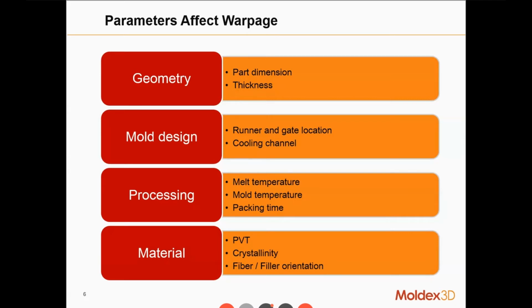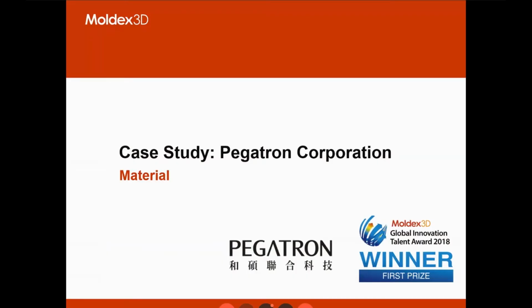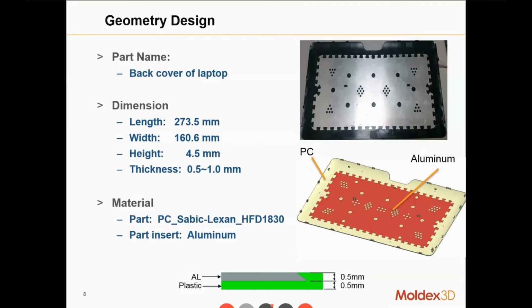In this part, we provide four real cases to validate these parameter changes. The first case is from Pegatron, which won the first prize of the Global Innovation Talent Award in 2018, and used a change in the material to improve warpage.